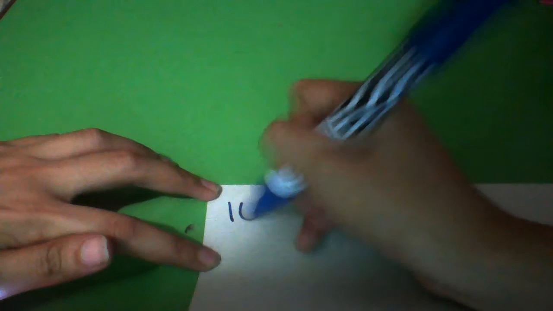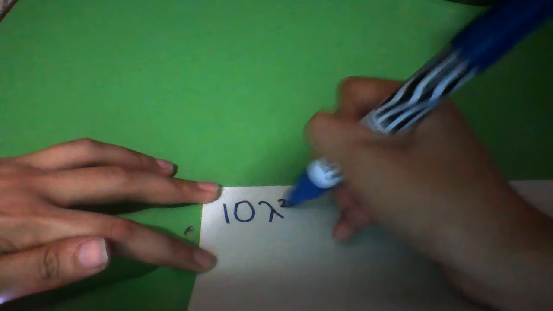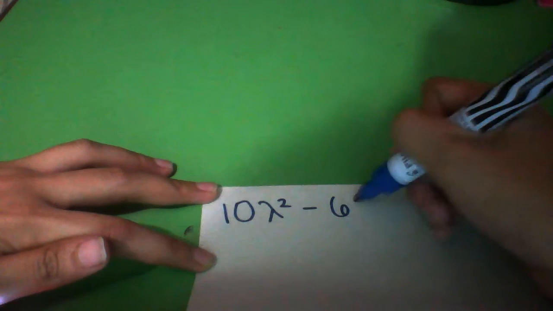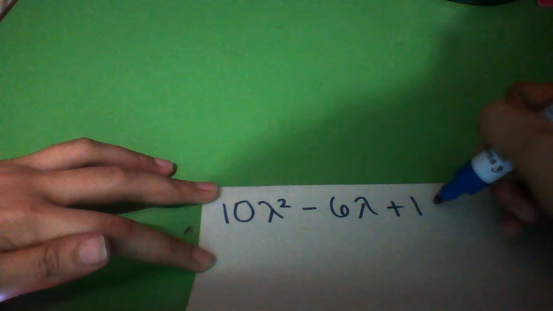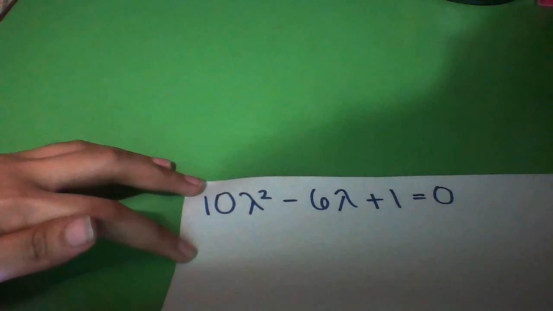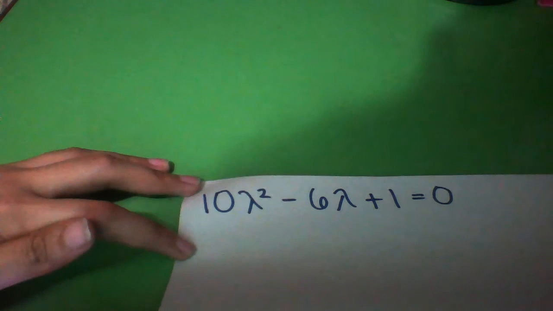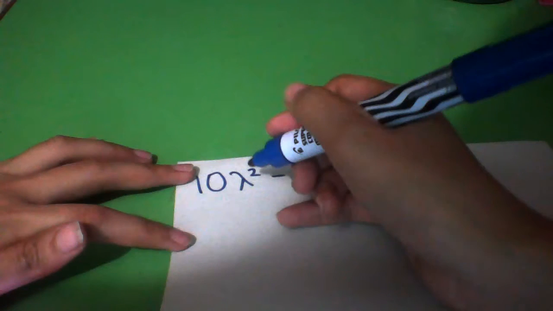So this will become 10 lambda squared minus 6 lambda plus 1 is equal to 0. Then solve for lambda.